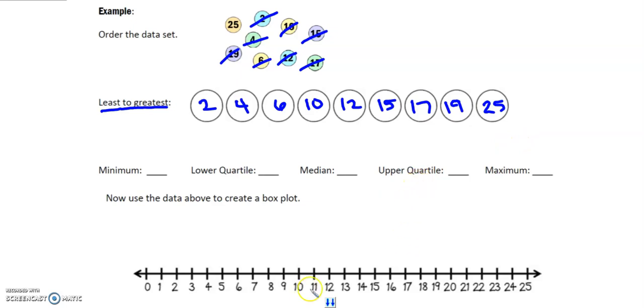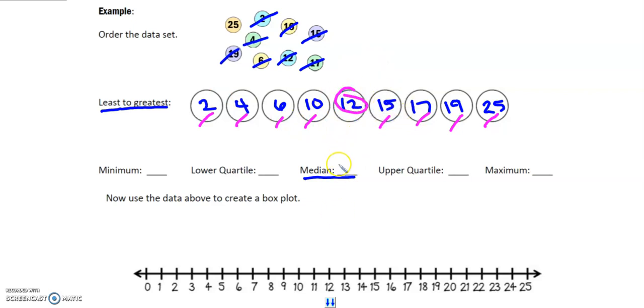All right, so once they're in order, we are going to find the median first, and the median is that middle number. So we are going to find the median just like we did the other day with mean, median, mode, range. You cross off one at the beginning, one at the end. One at the beginning, one at the end. So each one should have a pair. And then I'm left with one in the middle.